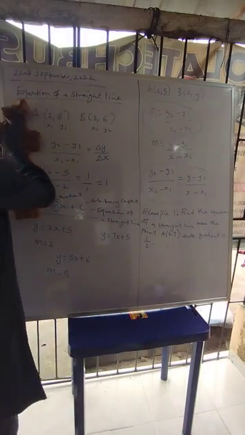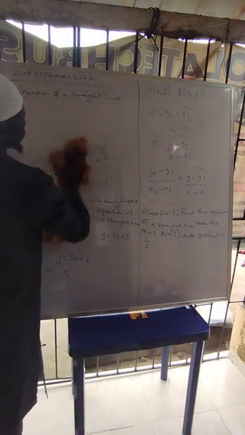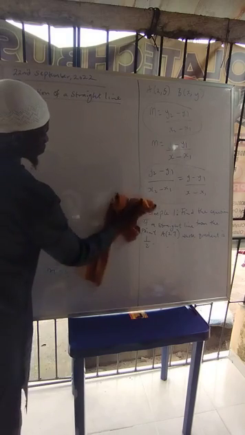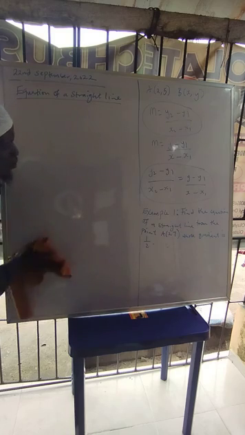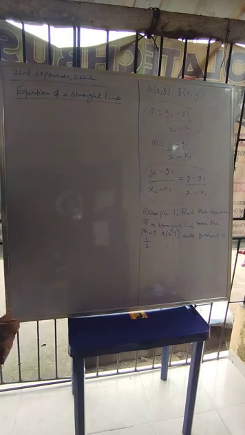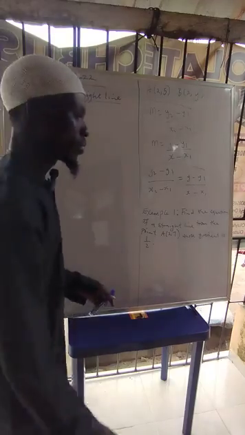Now let's solve this question. Find the equation of a straight line from the point (2, 7) whose gradient is 1/2.